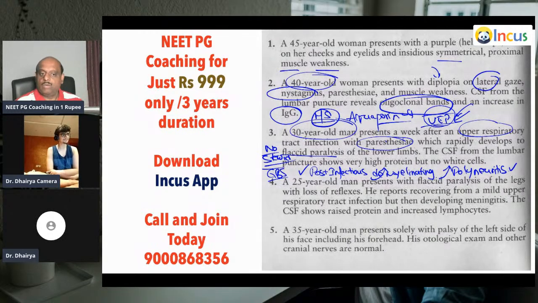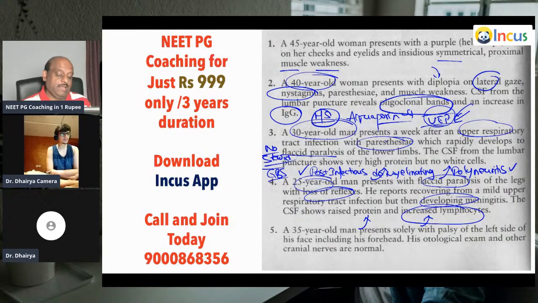Absolutely. Now, a 25-year-old man with flaccid paralysis of the legs, areflexia, mild upper respiratory infection, but then develops meningitis, and the CSF shows a raised protein and also increased lymphocytes. So, what's your diagnosis, doctor, with the AFP? So this patient, I assume he has acute transverse myelitis.